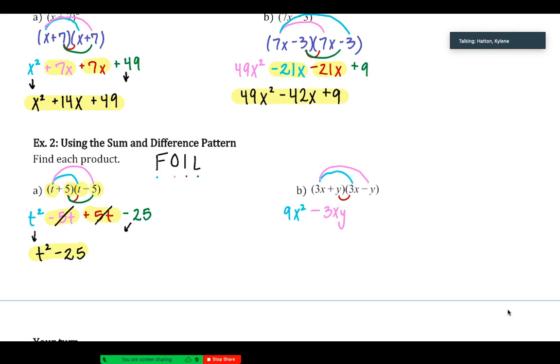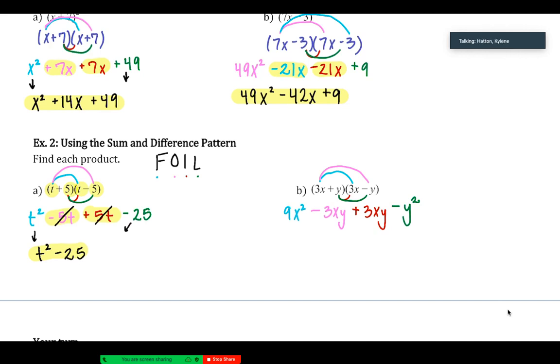I can write them side by side. But this time it's a positive y times a positive 3x. So this should be plus 3xy. And then when I multiply the last term in these parentheses, y times a negative y, it's negative since it's a positive times a negative, and then y times y is y squared.